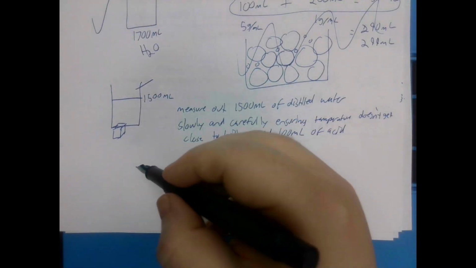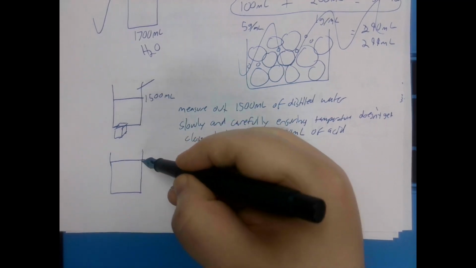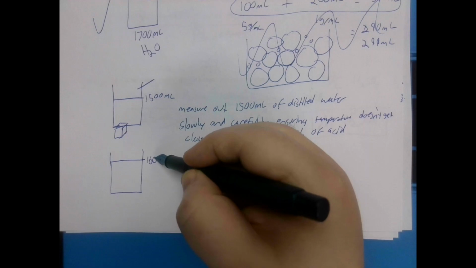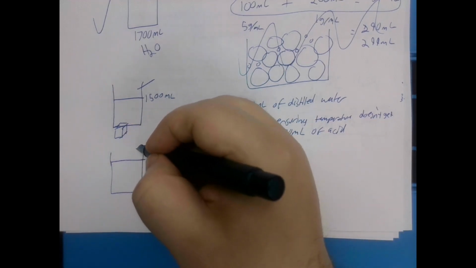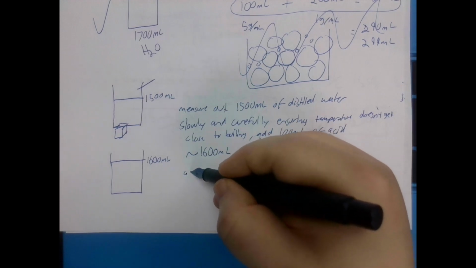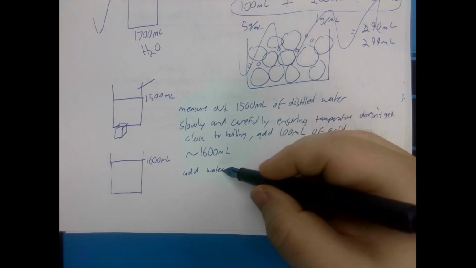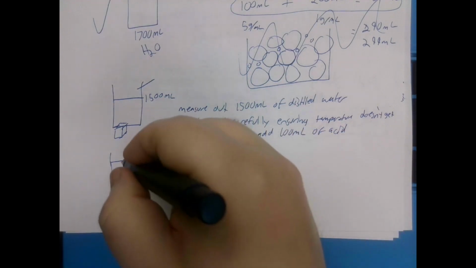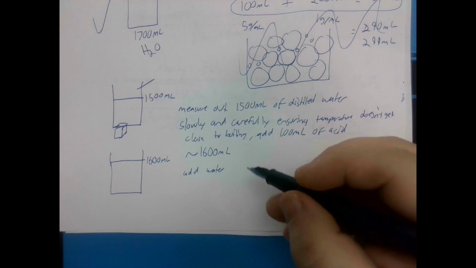And then what you'll do after that, we're now at around 1600 milliliters. You then add water. Again, add water slowly. You should never add water to an acid, but this is diluted. We've diluted our acids to make it safe.